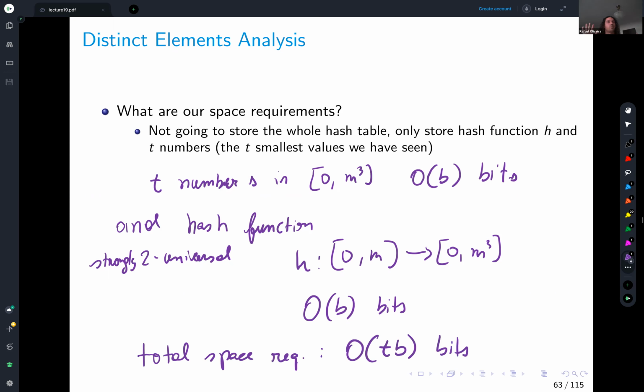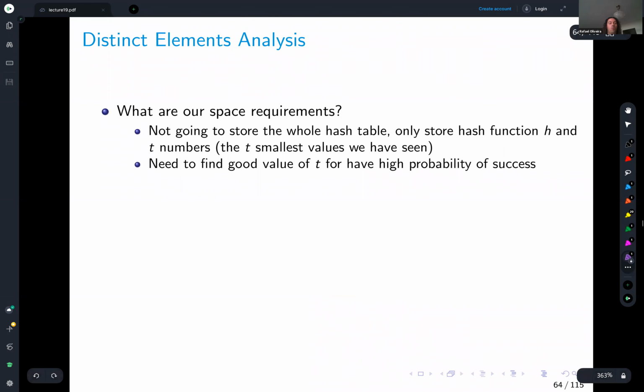So that's the total space requirement. All right. So now what do we need to do? All we need to do is find a good value for t to have a high probability of success and to have y be very close to the actual number. That's the only parameter that we have to work with.